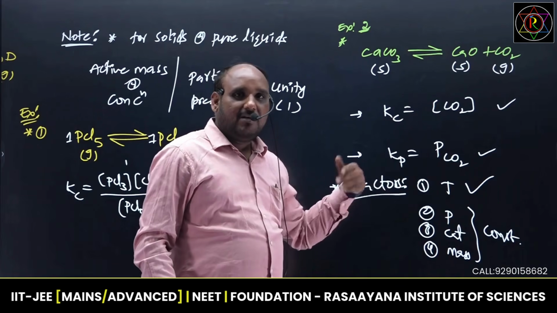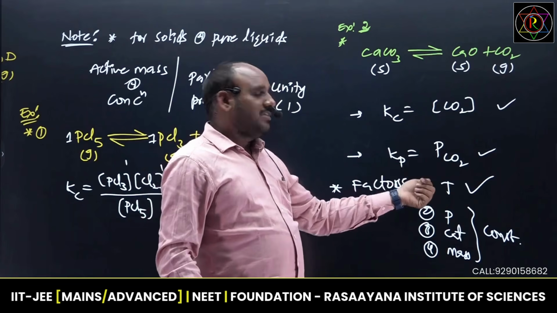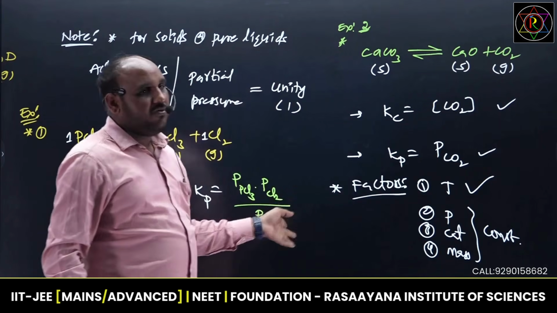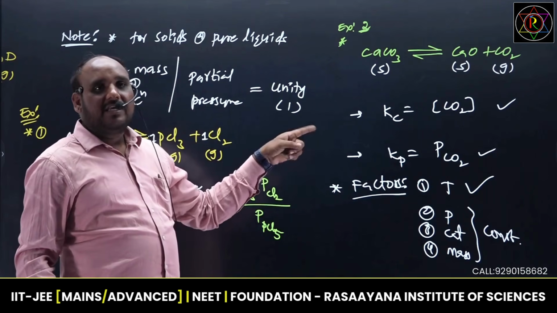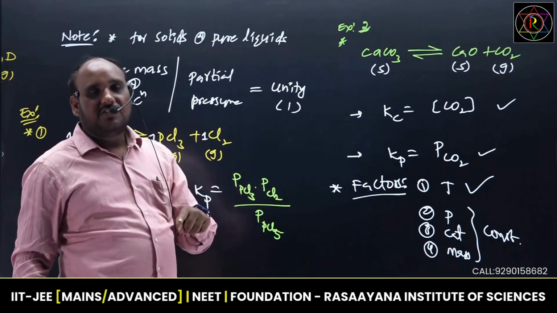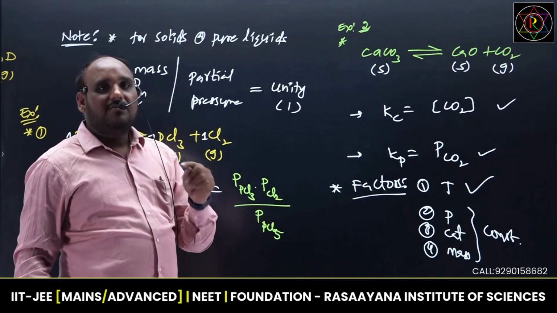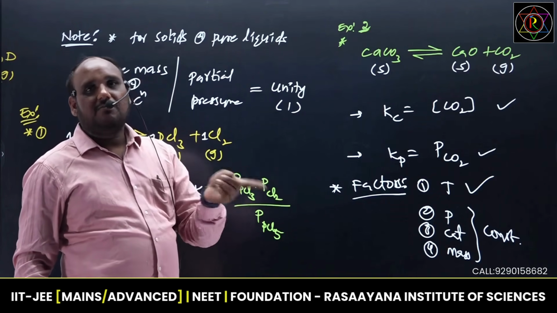There is an effect of temperature on equilibrium. If the temperature rises, what happens to the equilibrium? We have to explain that with the help of the application of Le Chatelier principle to the equilibrium constants, and we will also get the relation between Kc and Kp. The equilibrium constant expressed in terms of concentrations and the one expressed in terms of pressures, what is the relation between them?